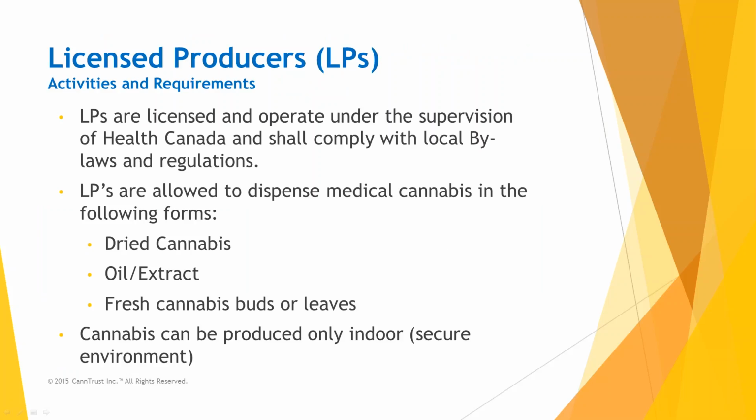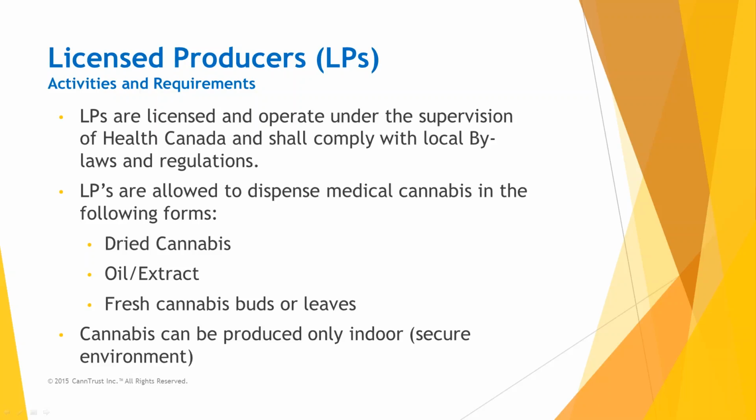So what are licensed producers? Licensed producers are licensed and operate under the supervision of Health Canada and shall comply with local bylaws and regulations. Licensed producers are required to develop, validate, and implement standard quality methodologies and practices. LPs are required to follow good production practices, and all aspects of production, quality control, packaging, and distribution are monitored constantly.